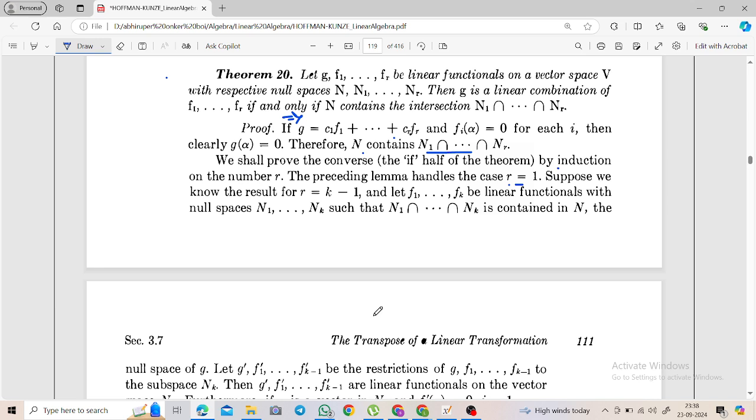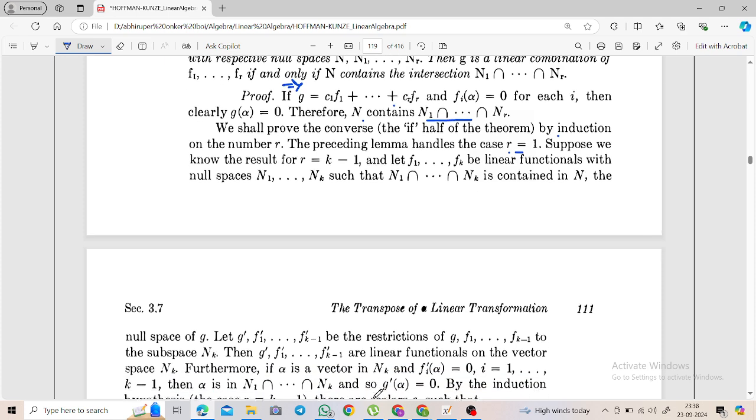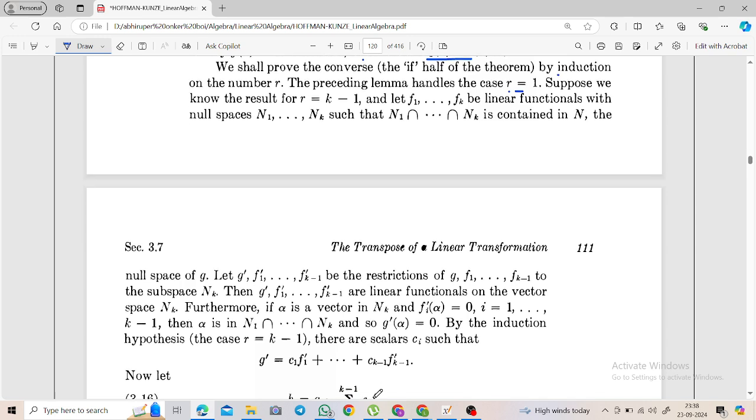Suppose we know the result for r equals k minus 1, and let f1 to fk be linear functionals with null spaces N1 to Nk such that the intersection of N1 to Nk is contained in N, the null space of G. Then let G prime, f1 prime to fk prime be the restriction of G to Nk.